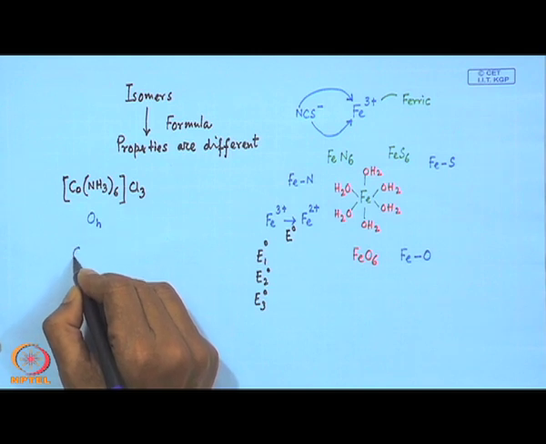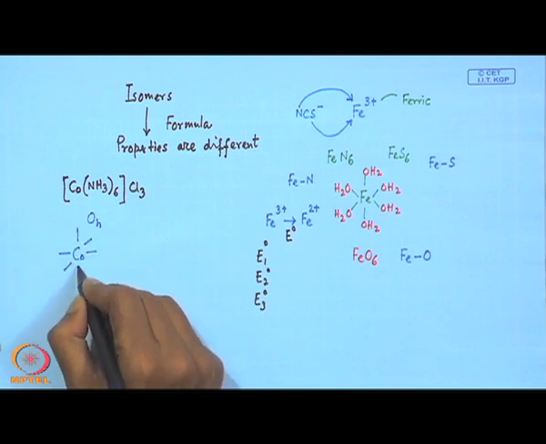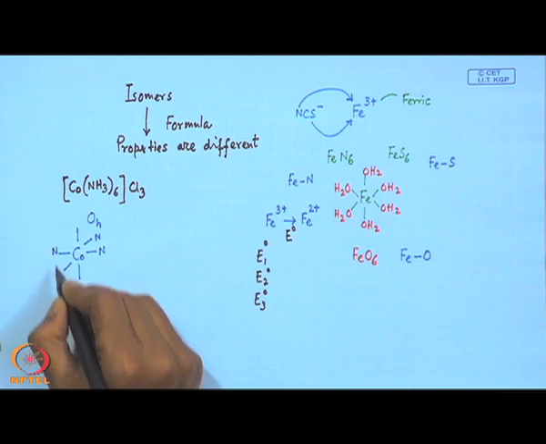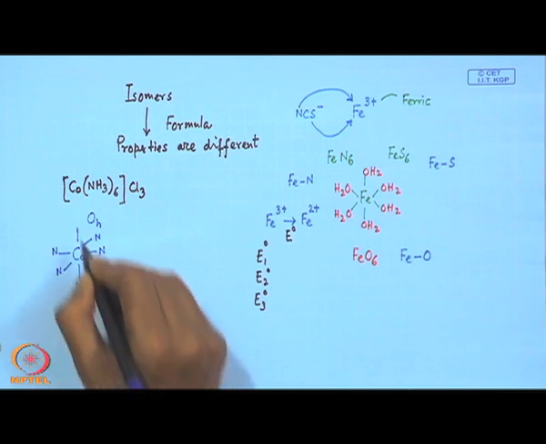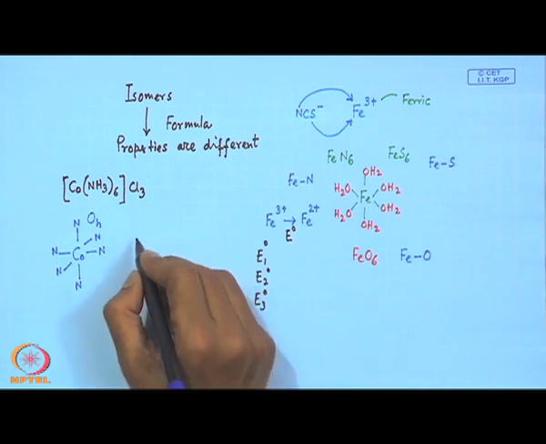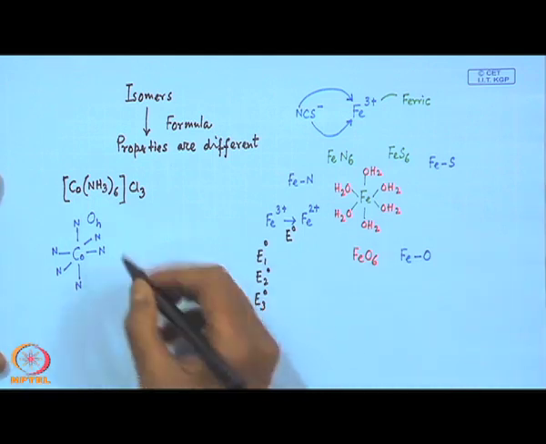That means we have the cobalt center, and this cobalt center is connected to 6 nitrogen atoms of the ammonia molecules. For knowing the corresponding structure, we determine it by X-ray crystallography.